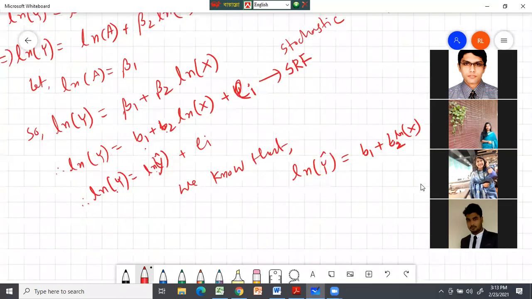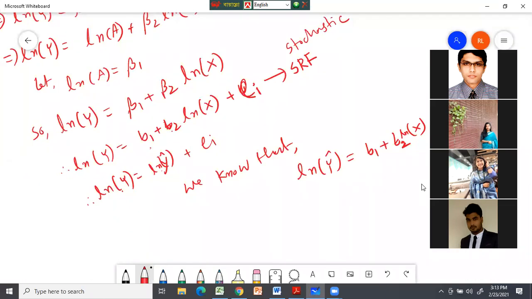So this is what you have already known from the earlier chapters. So now how can you explain this model? Once you have estimated the value of B1, say for example, 1.27 and the value of B2 is minus 0.0175.